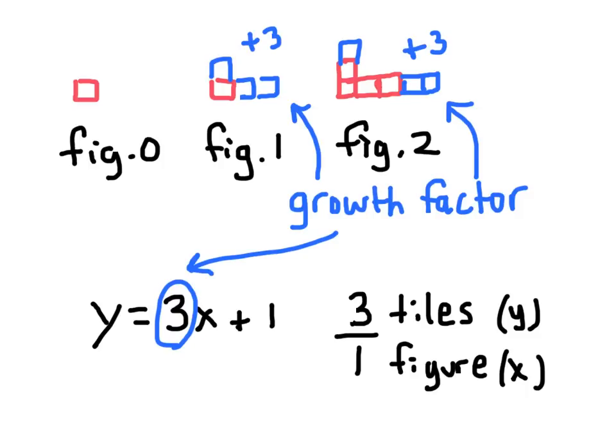So you can see that the growth factor, the number of tiles being added to each figure, is equal to the coefficient of x, which is 3. Notice that it is also a ratio. The number 3 can be written as a fraction, 3 over 1. So our growth factor tells us that the amount of change in tiles is 3 for every change of one figure.